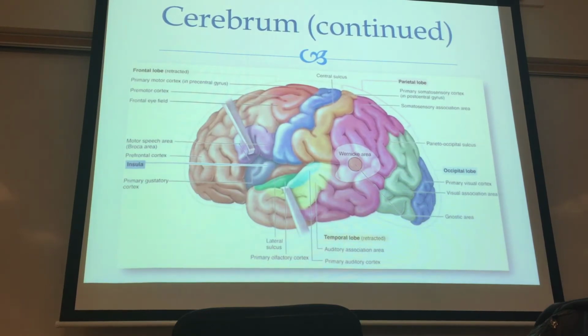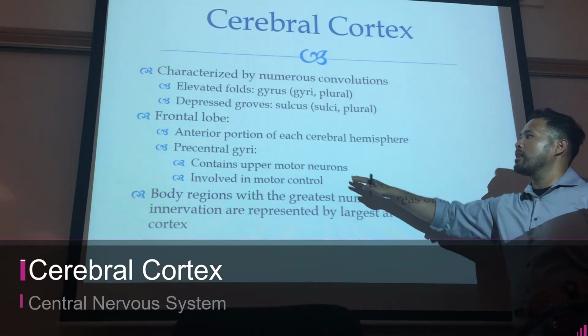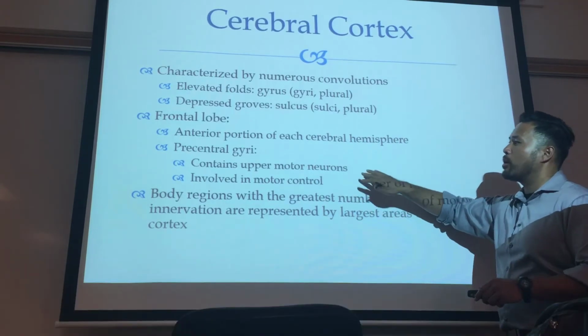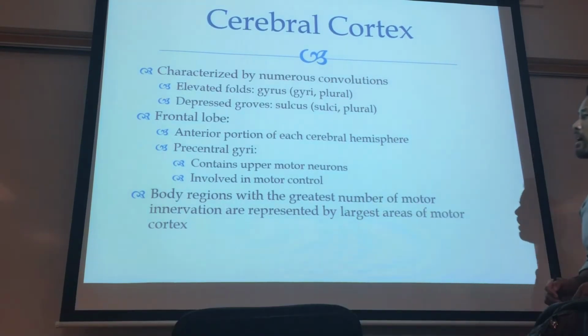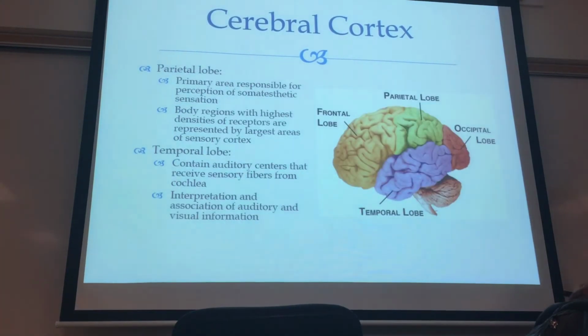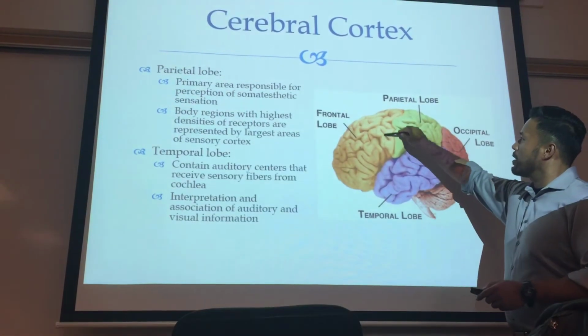So with that, we'll be able to take a look at some of the functions. The frontal lobe is going to contain areas that, when we look at it, are mostly involved in emotion, but you'll also see motion and motor control. So these are areas we define right by the central sulcus.